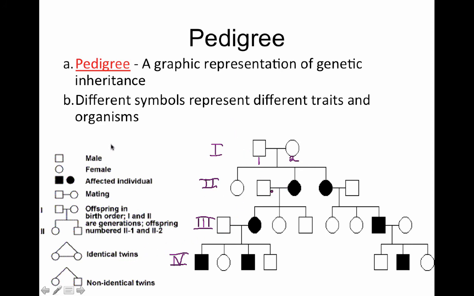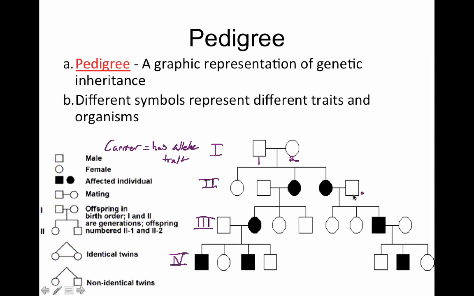The only other thing we need to talk about is what is a carrier. A carrier is somebody that has a recessive allele for the trait, or has an allele but it's not shown. So it has the allele for a trait that we're following here. Carriers can be represented by half-shaded individuals.